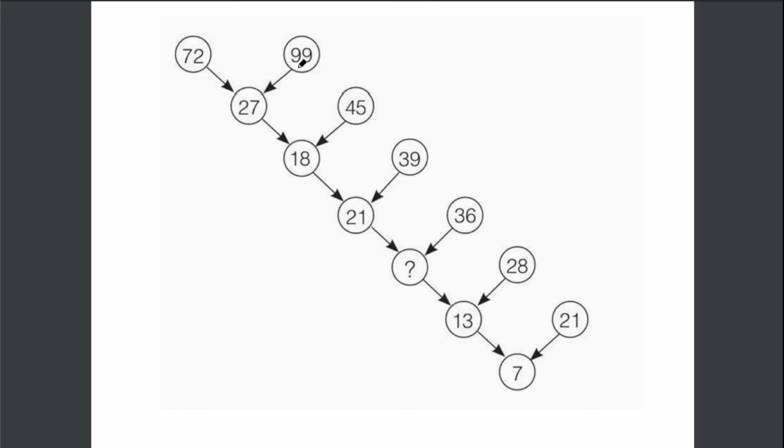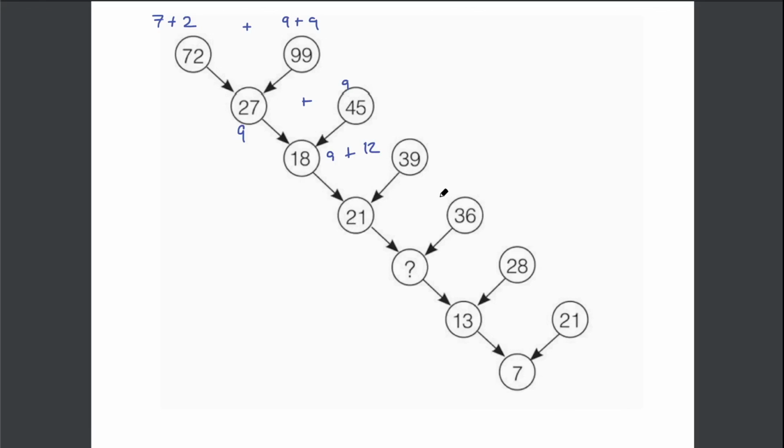And actually, if you add the digits, so 7 plus 2 plus 9 plus 9, that's 18 plus 9 is 27. Then you do it for this one. This is 9 plus 9 is 18. 9 plus 12 is 21.